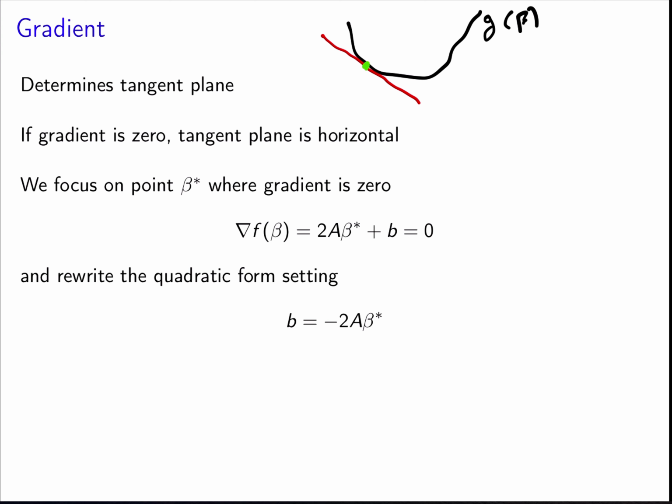If the gradient is 0, that tangent plane is going to be horizontal like this. And if the function is convex, then we have a minimum there.